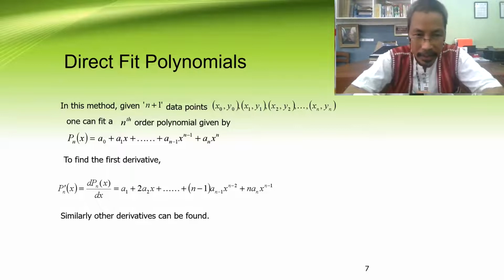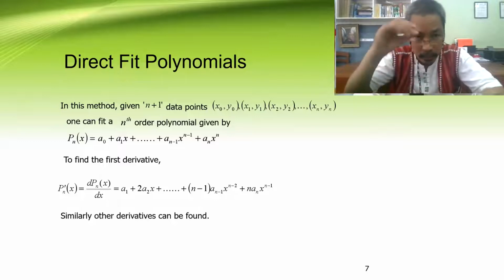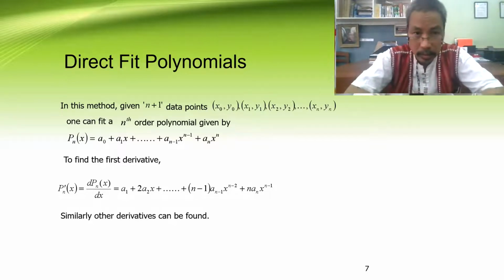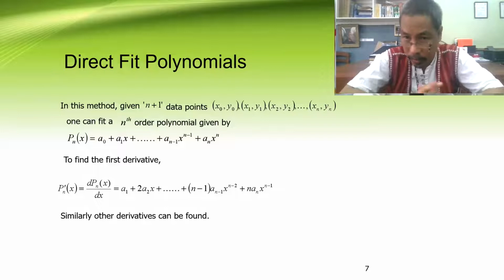One can fit an nth order polynomial given by p sub n of x equals a0 plus a1 x plus and so on, plus a sub n minus 1 x to the n minus 1, plus a sub n x to the n. So there are n plus 1 terms. To find the first derivative, of course, it is an easy matter for us to take the derivative of p.